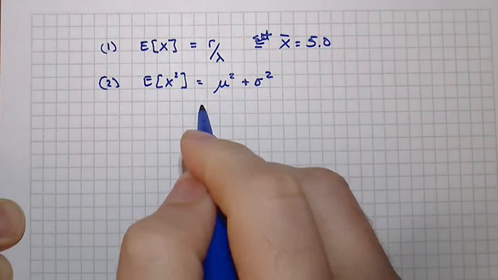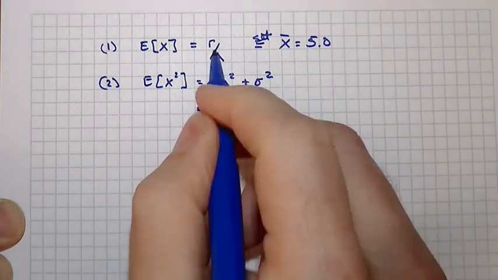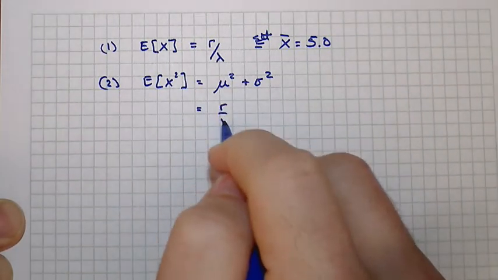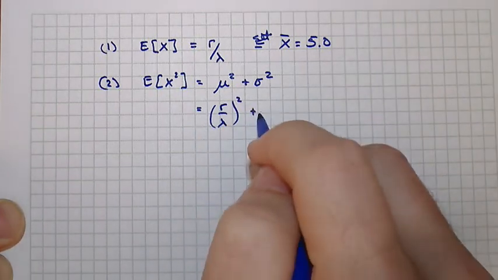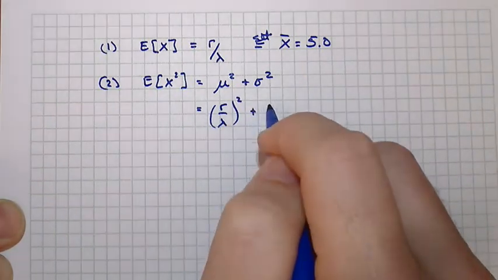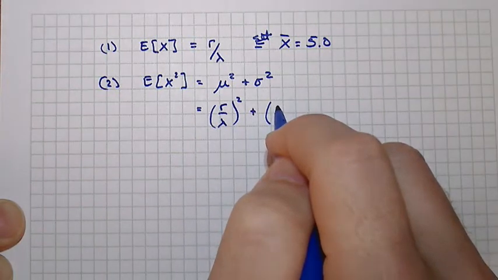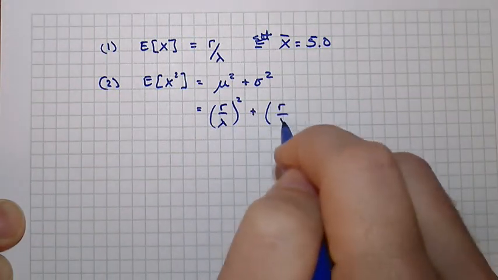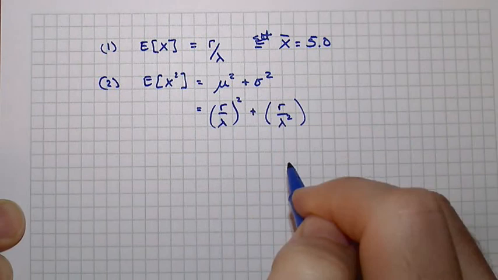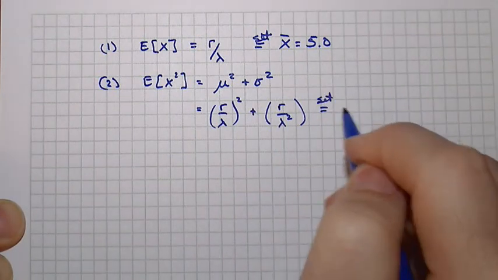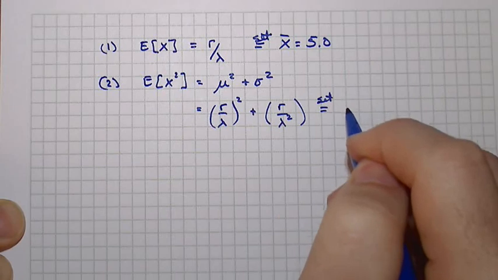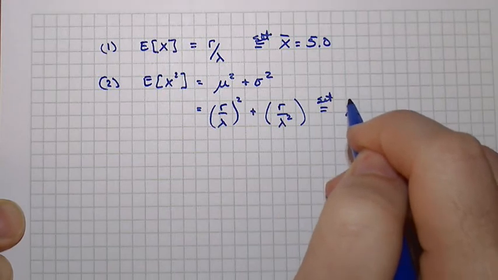For the gamma distribution, we already know the mean is r over lambda, that's squared. And for the variance of a gamma variable, that's equal to r over lambda squared. And we're going to set that equal then to the observed value of the average.